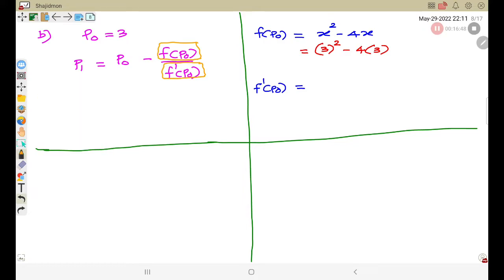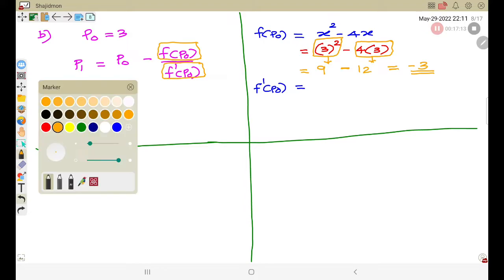Now you can use the calculator, with each number separately rounded to 3 digits. So 3 power 2 is 9, minus 4 multiply 3 is 12. Here it is an integer number, so no problem. So 9 minus 12 means minus 3. I hope you understood the f of P0 value.